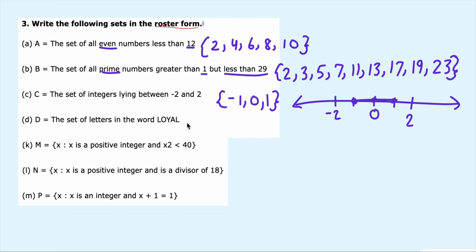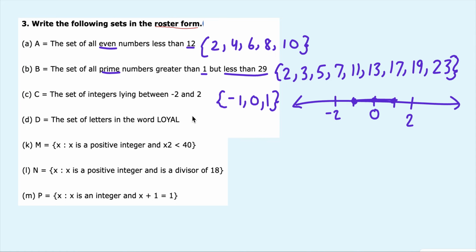Next question says set D has letters of the word loyal. We remember from our video that since these have repeating L's, we could only use one. We cannot repeat any elements.